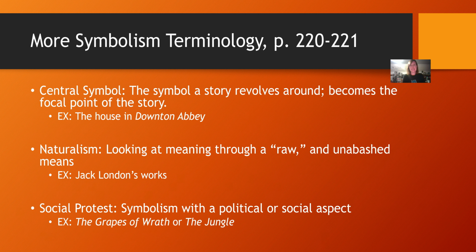Central symbol is the symbol that the story revolves around, and it often becomes the focal point of the story. There are lots of different ideas and examples you can use for this term. For me, the one that stands out the most that's current is Downton Abbey. If you've never seen it, it's a show that was on PBS for like 6 or 7 seasons. It basically talked about the early 1900s and upper class British society.